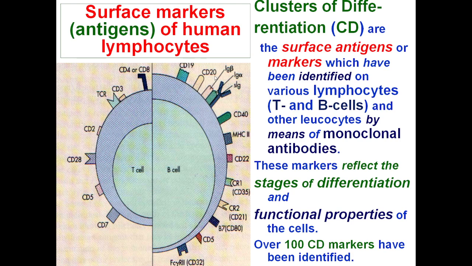But some differ from CD. For example, what you see here on the surface of the B lymphocyte, a Y-shaped antibody molecule anchored to the membrane of this B lymphocyte by its Fc fragment. This is the so-called B cell receptor for antigen, immunoglobulin M or immunoglobulin D. This receptor is not named as a CD.